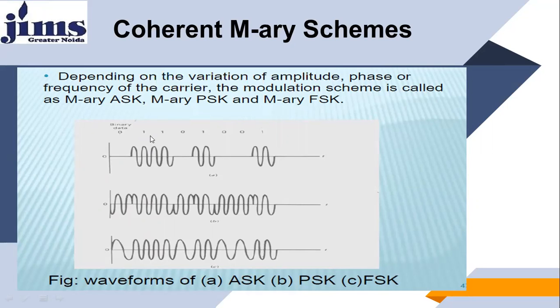If you have a 1, there is a presence of signal. If there is 0, there is an absence of signal, and that comes in the category of M-ary ASK. And this is your binary data, 1, 1, 0, 1, 0, 0. So this is the case of M-ary ASK.